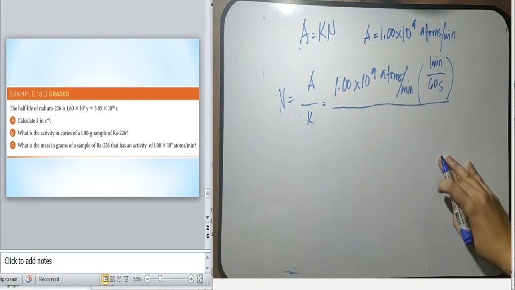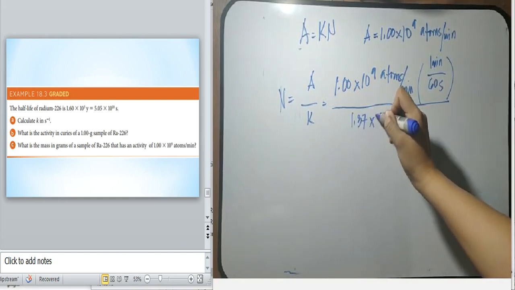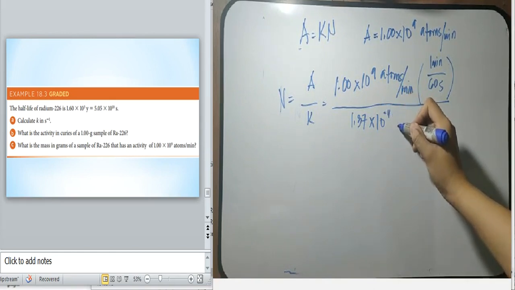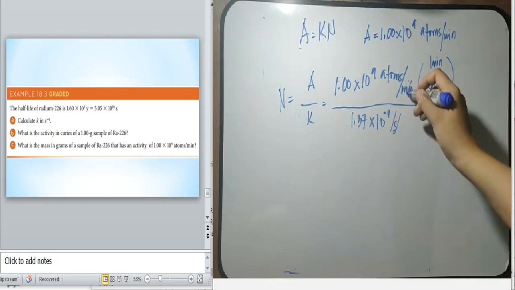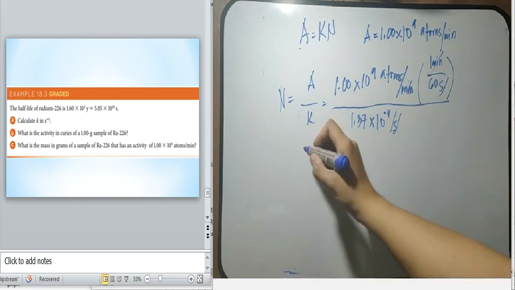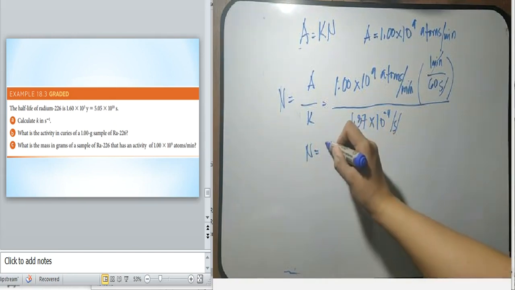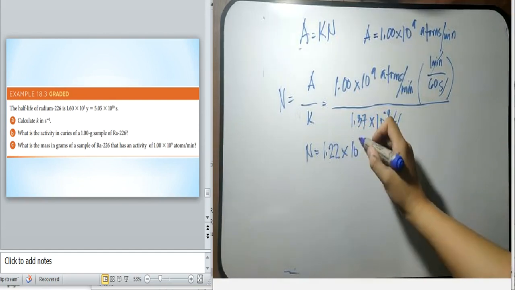The value of our K earlier is 1.37 times 10 raised to negative 11. Okay? Cancel, cancel, cancel, cancel. So, we have N. It will be 1.22 times 10 raised to 18 atoms.